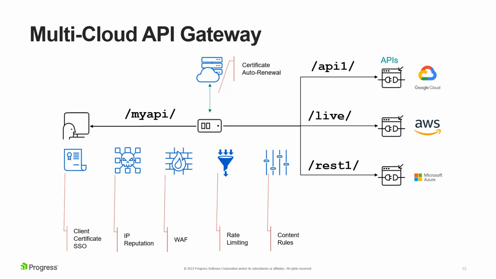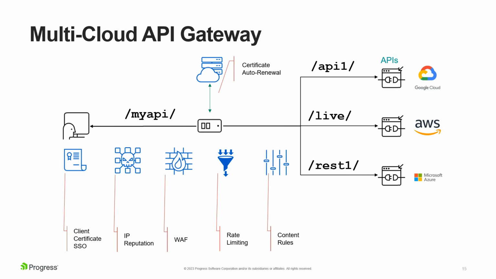So again, how do you present that as a single API? With LoadMaster, again, content rules, etc., you can make all of that appear as a single API to the user at the front end, and essentially map, as the request comes through, to the correct backend API service as well.